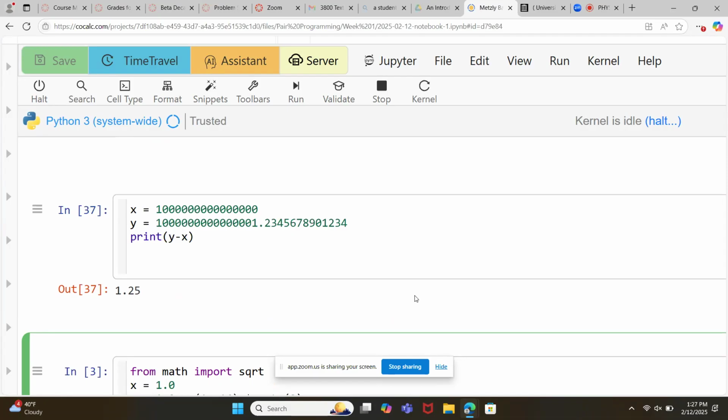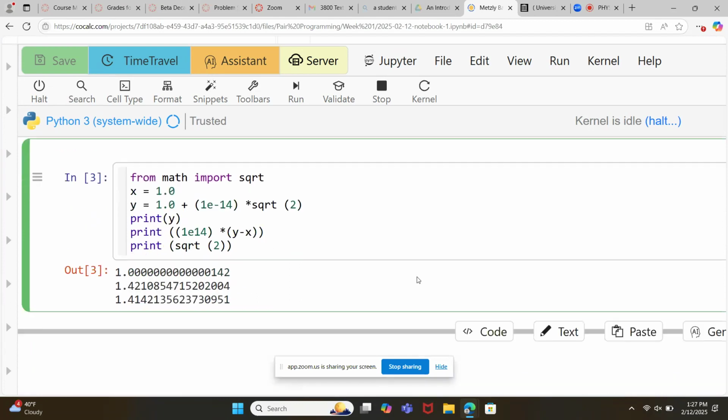So if we scroll down, we can see that the first thing that we loaded into memory could only hold on to 16 digits of accuracy. And yet, we put all the important information at the very end. Right? So look at these three numbers, 1, 4, 2.